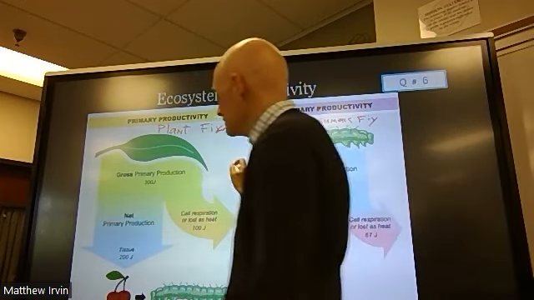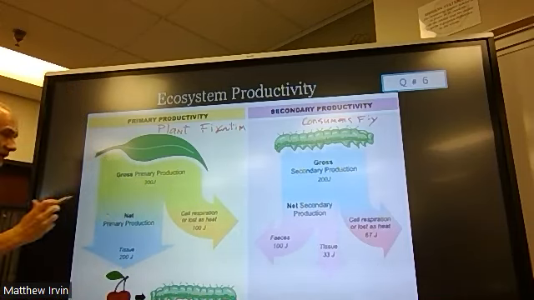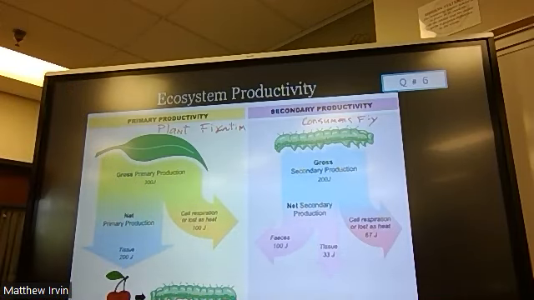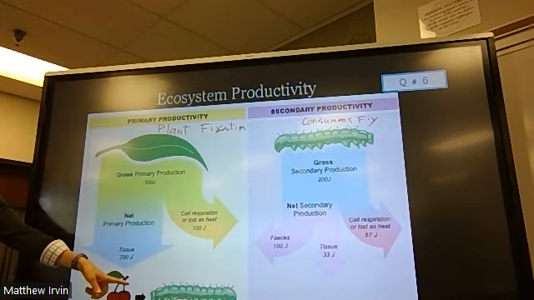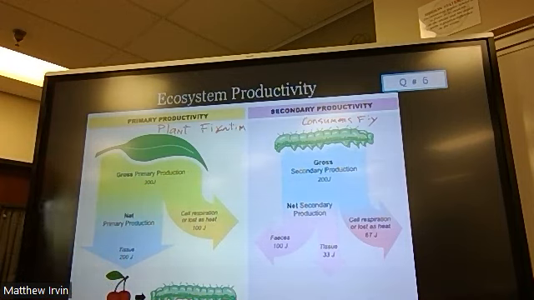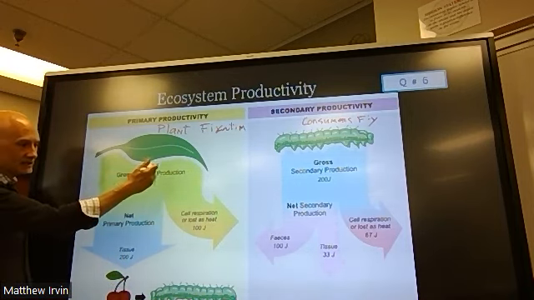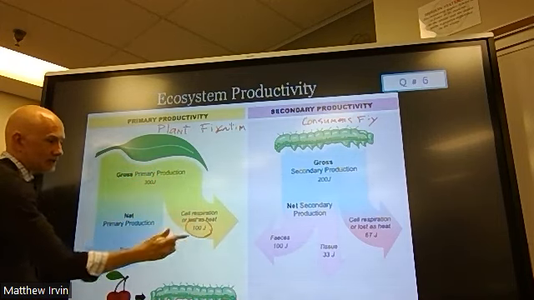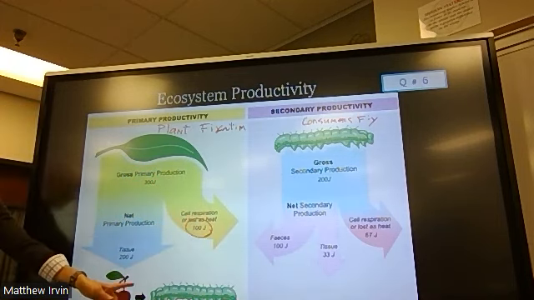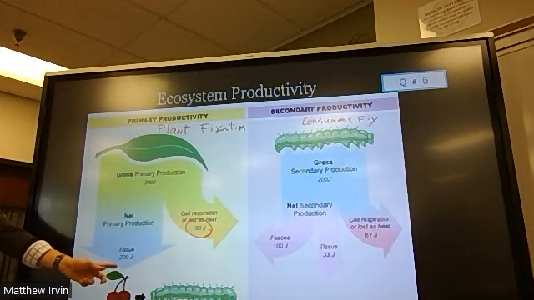And so it is very likely that you may get a diagram like this. You have your productivity of 300 joules. The caterpillar is eating that. The plant is losing energy as 100 joules. So then the caterpillar eats 200.